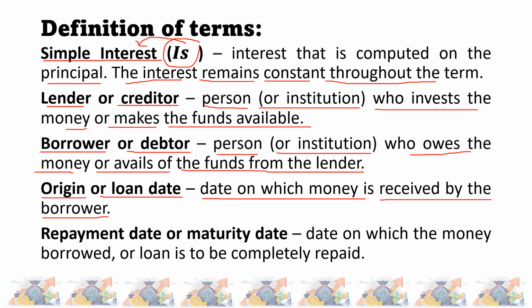So our next term is the repayment date or maturity date. By definition, it is a date on which the money borrowed or loan is to be completely repaid. Or in other words, it is an endpoint of your term of payment.